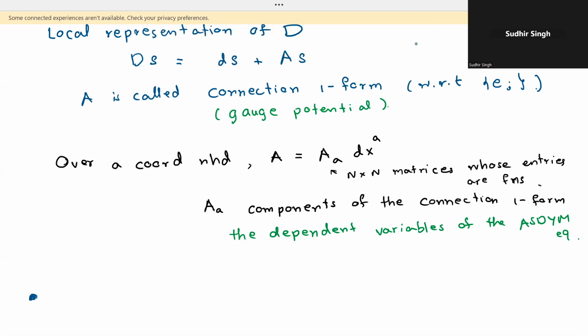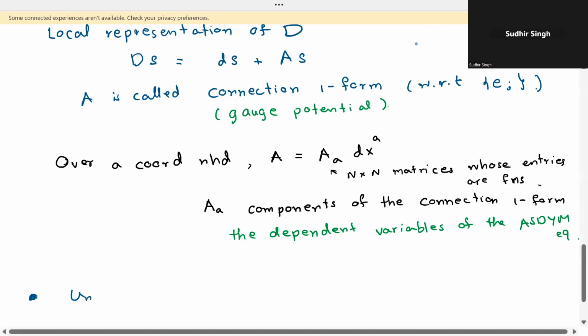Right, so yes, in fact, I'm running slowly again. So let me just summarize that under change of frame field.